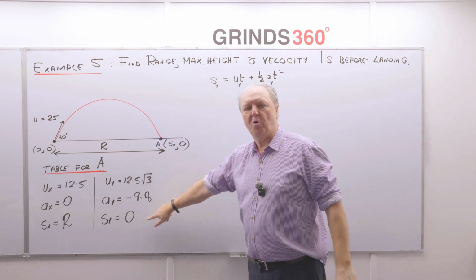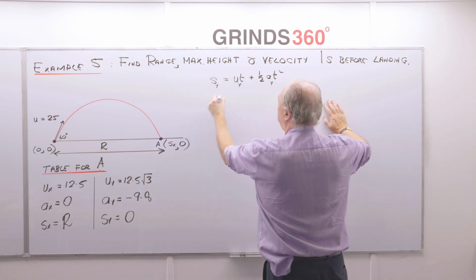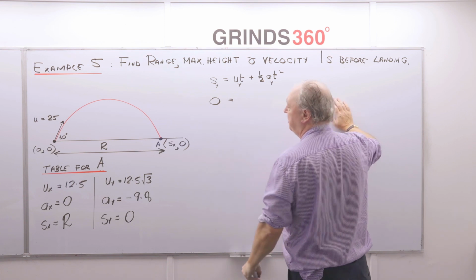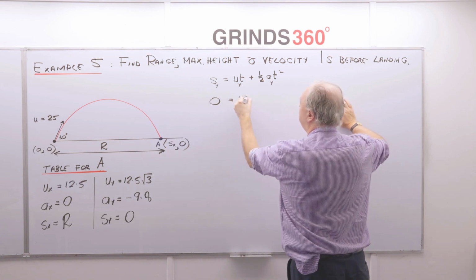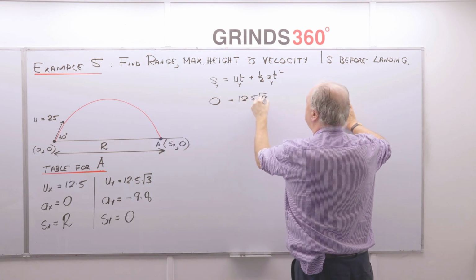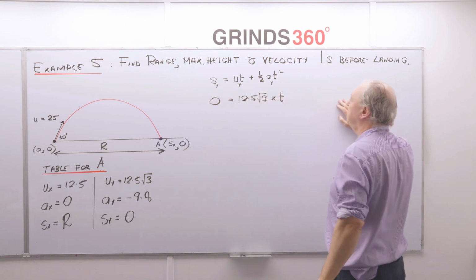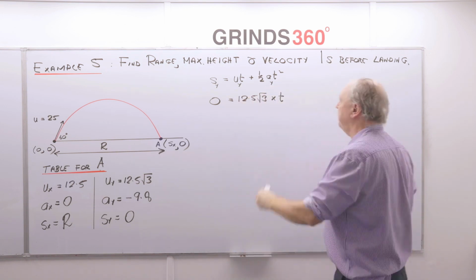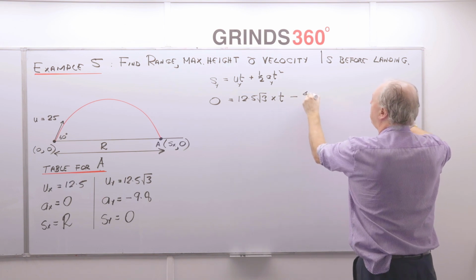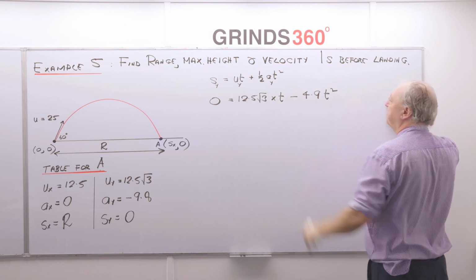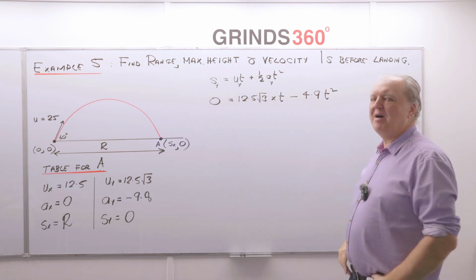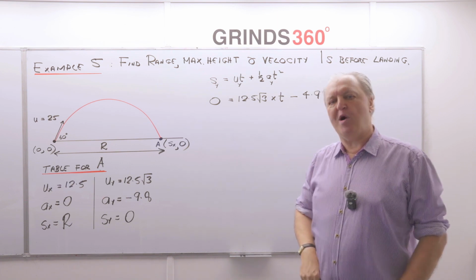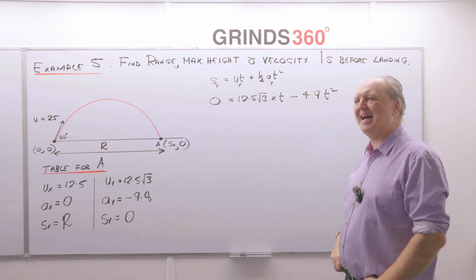Sy is 0, which is equal to uy, which is 12.5 root 3, multiplied by time t, plus a half ay, that's minus 4.9 t squared. So I've got a slightly different quadratic equation for time than I had before.